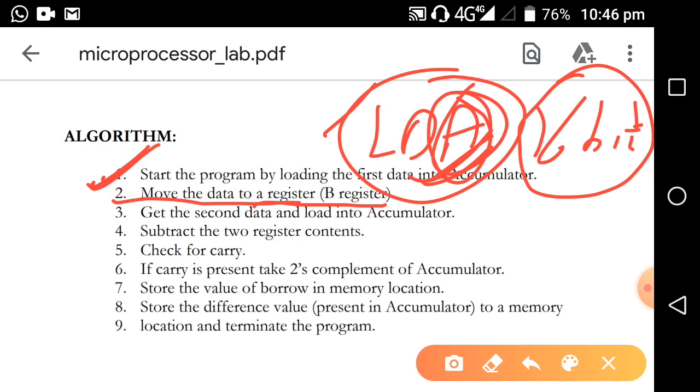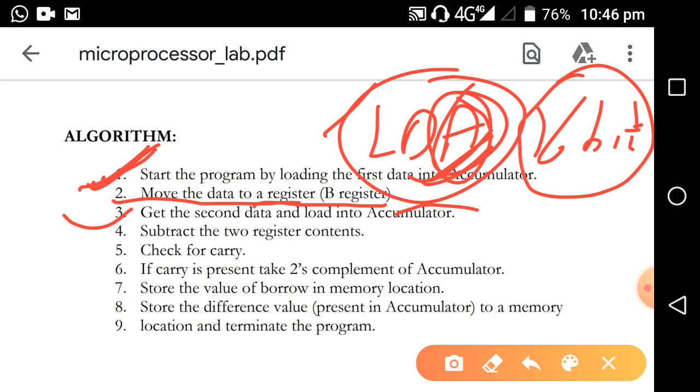We can take other registers also, except B. We can take C register, D register, E register, H register and L register. These are some other registers. So by using the step 1, we read the other data from the memory into the accumulator, because this is an arithmetic function which will be performed on the two sets of data.